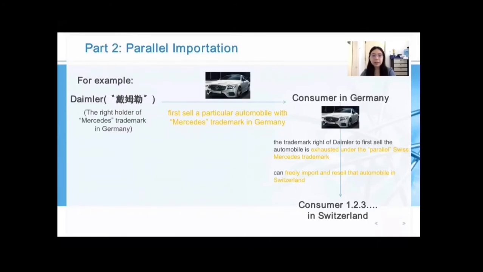And in fact, the practice will be different in different countries. Governments will, based on different policy and economic considerations, adopt different types of exhaustion and parallel importation policies for trademark rights. So that's all about my part, and I will introduce my group member to talk about the next part.